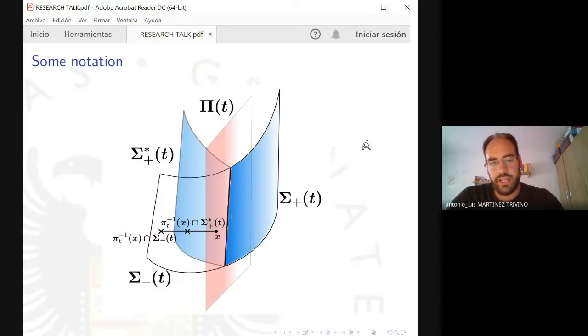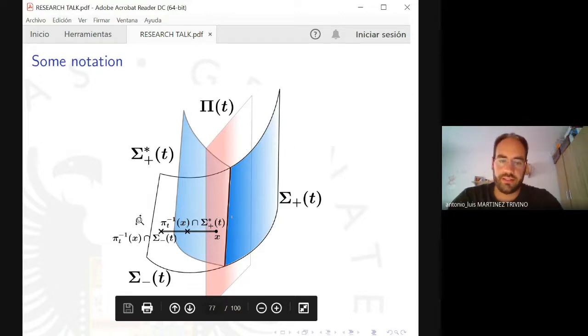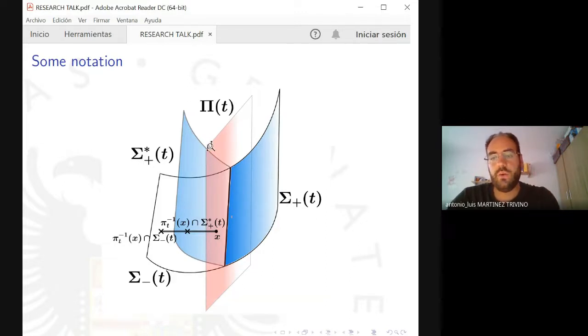Okay, so we introduce some notation. We denote by P_t a vertical plane. Sigma plus and sigma minus denote the right part and left part respectively with respect to the vertical plane. Sigma star is the reflection of sigma with respect to the vertical plane.